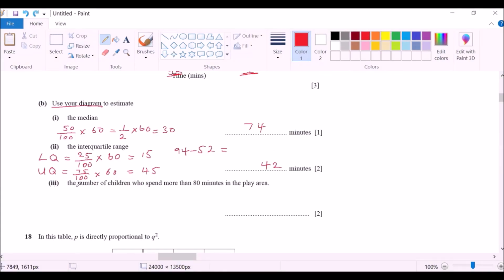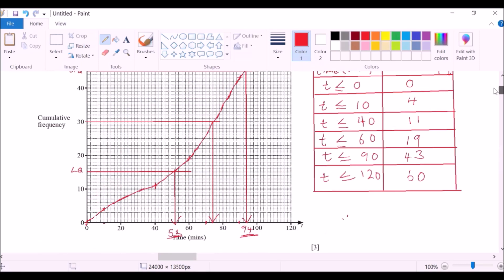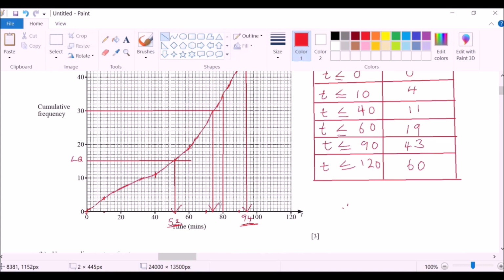Let's go to question 3. The number of children who spent more than 80 minutes in the play area. So we go to 80 minutes, bring up our graph from 80 minutes. Then when it meets the graph, we draw a horizontal to find the number of children there, which is 35.